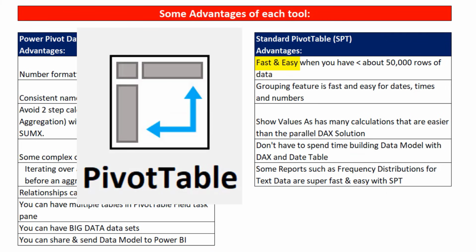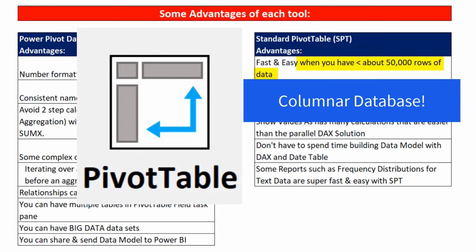With the standard pivot table, they're just flat out fast and easy when you have less than about 50,000 rows of data. Now, of course, you can have 100,000 rows of data in the Excel worksheet and make a standard pivot table. But that columnar database is so amazing at compressing data that 50,000 rows is a rule I loosely follow.